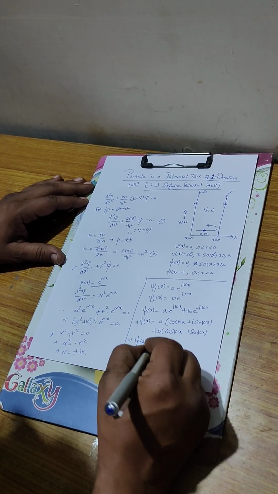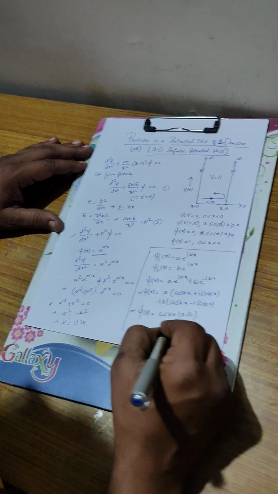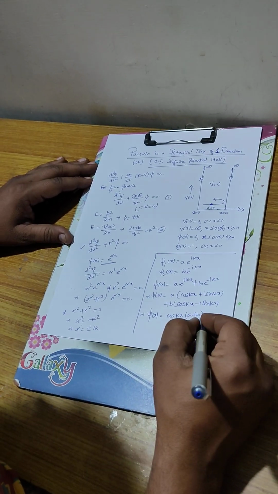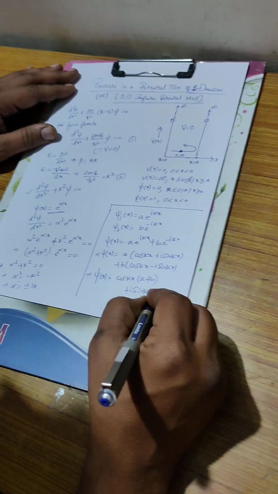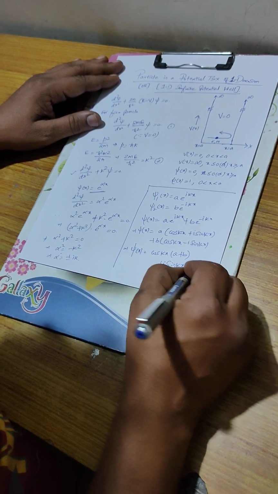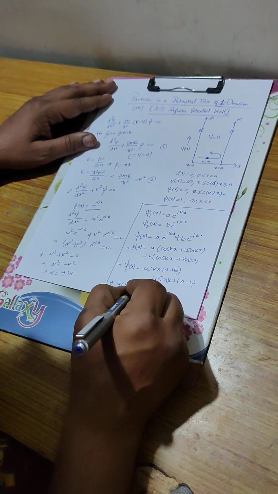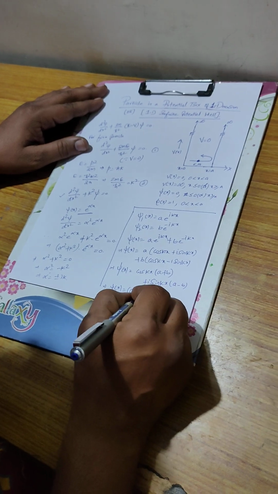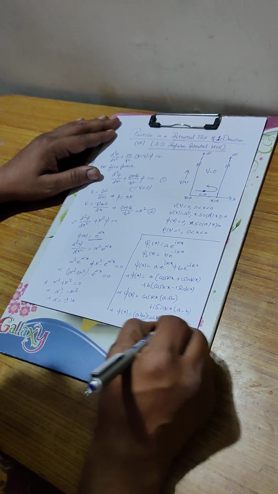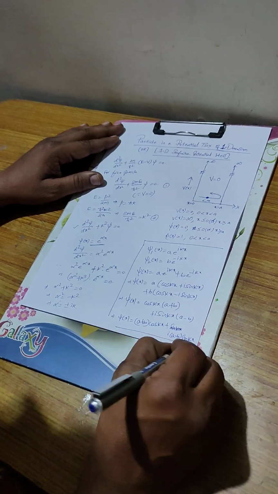Now ψ(x) can be written as (A + B) cos kx + i(A - B) sin kx. This is how you can write it.